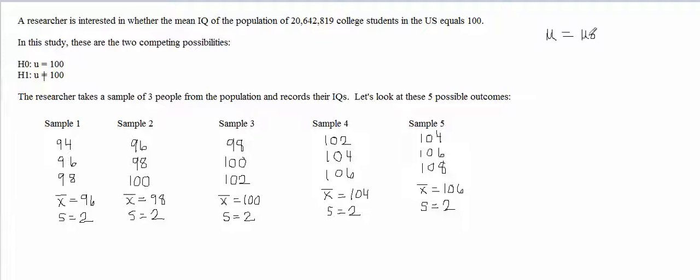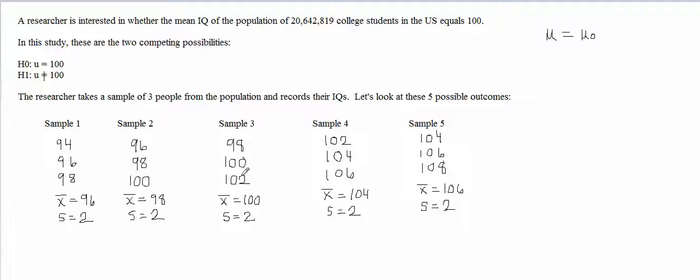In other words, the null is true if the actual population mean equals whatever number the researcher is testing for. In this case, the researcher is testing 100, which means mu0 is 100. So the null just becomes mu equals 100. And the alternative is the opposite of that.